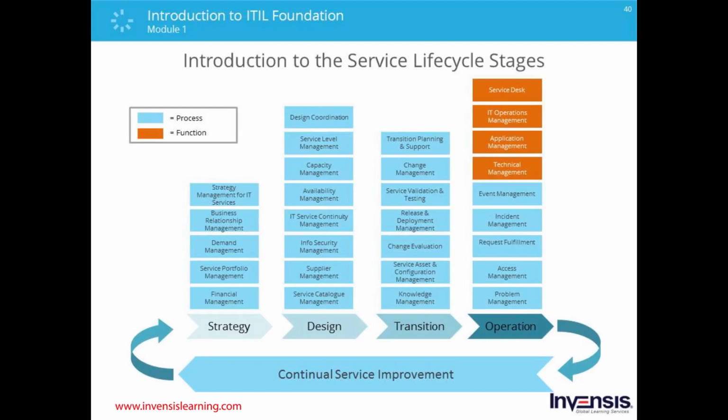Managing the capacity, managing the availability of the systems, managing the continuity during disasters. This is not normal issues, but only for disaster scenarios. They call it sometimes BCM, business continuity and all that. We need to differentiate between BCM and this one. BCM is only for the business continuity, whereas we are concerned only with IT service continuity. Okay. So watch out for those tricky questions in the exam, business versus IT. Information security, supplier management, service catalog management.